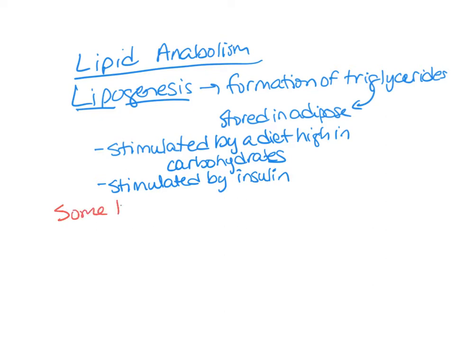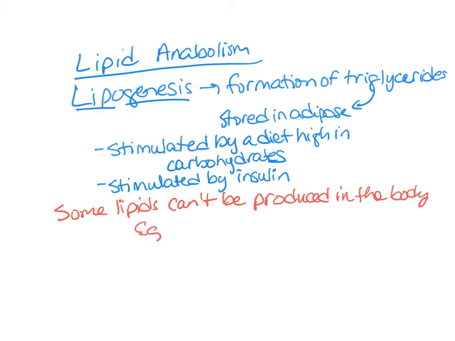Some lipids can be made in the body, just like we saw with glucose. Glucose could be produced through the process of gluconeogenesis. And so some lipids can be produced in the body, but some lipids can't be produced in the body. For example, the linoleic and linolenic acids.